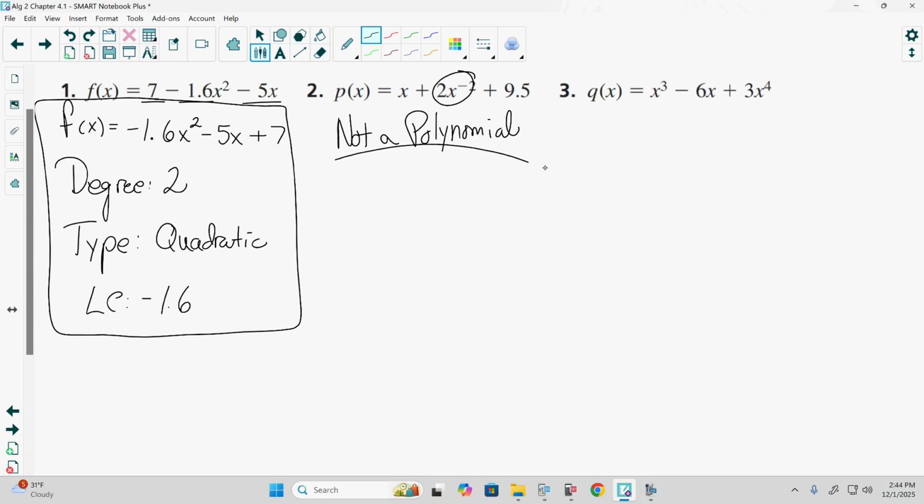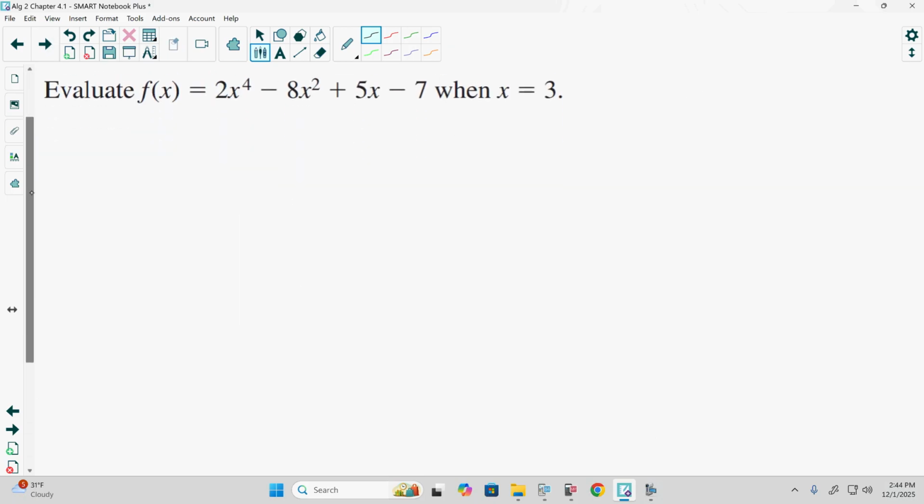Are you ready for the next type of problem? You sure? Right. Evaluate f of x equals 2x to the fourth minus 8x squared plus 5x minus 7 when x is 3. All this is saying is take this function and plug 3 in.